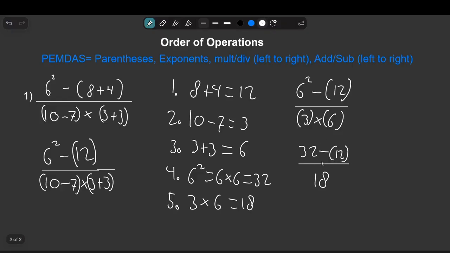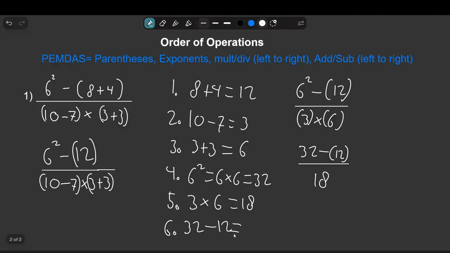Because we are done with the multiplication and division, but we didn't have divisions, we just had multiplication, we go to the next step. We have addition and subtraction. As you can see, this is also the last step of the order of operations. The last step is 32 minus 12.